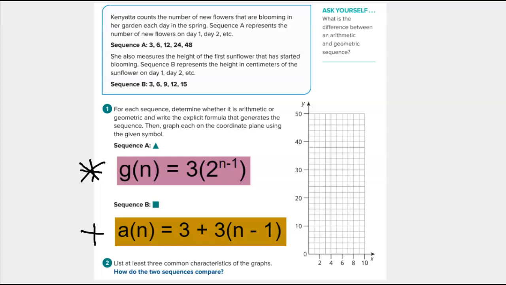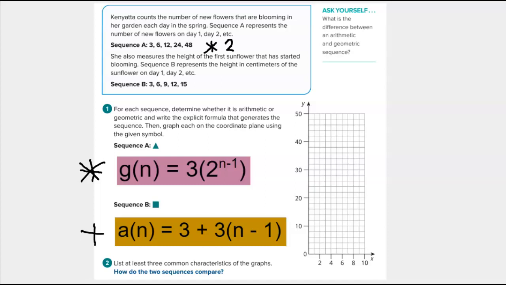For example, in this sequence, sequence A, we're multiplying by 2 each time. 3 times 2 is 6. 6 times 2 is 12. 12 times 2 is 24. 24 times 2 is 48.